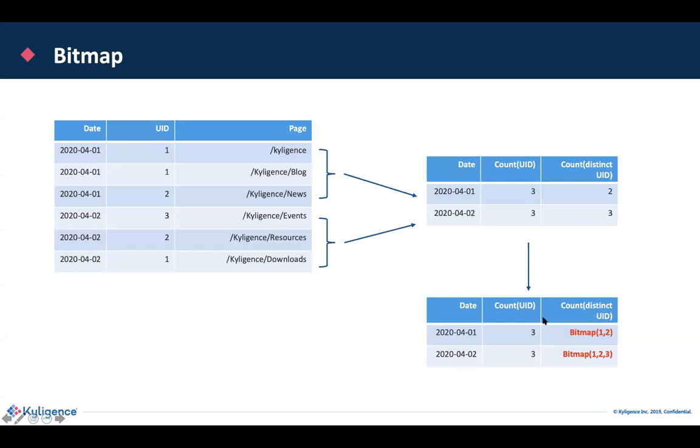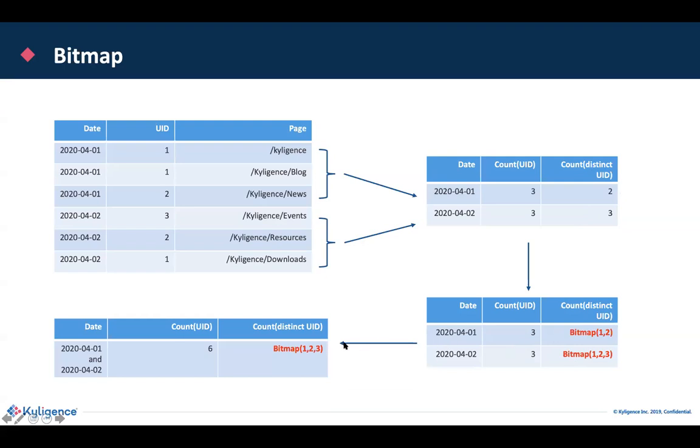And then we can use the bitmap to do another round of aggregation. So like this, we don't need to go back to the original table to scan all the data again. We can just use these two lines to calculate the final result. So that's how Apache Kylin uses bitmap to make distinct count pre-aggregatable.